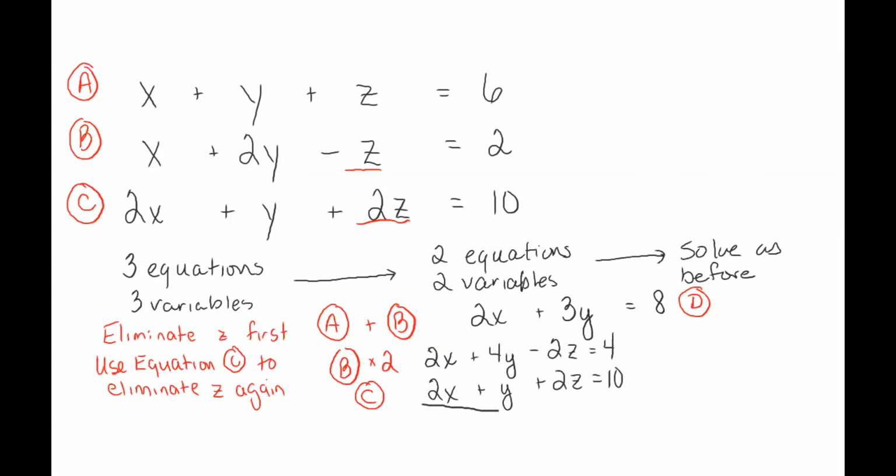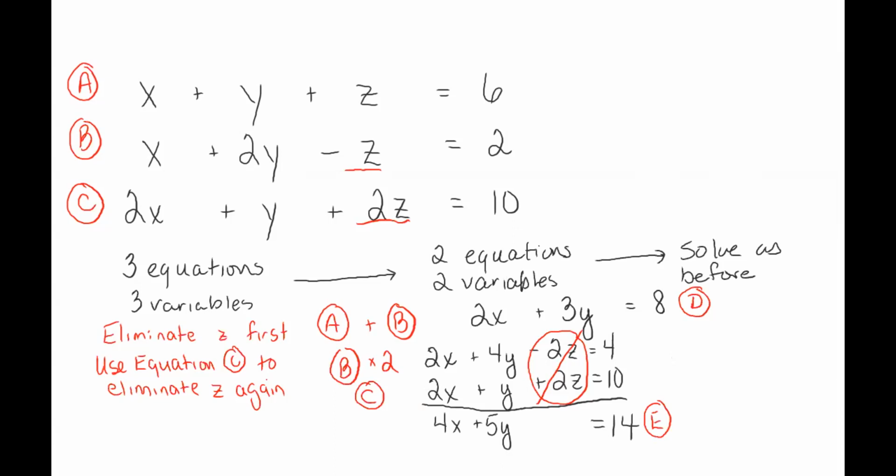And I'm going to add those guys together. Something equals 14. Notice the z's cancel. And I have 4x plus 5y equals 14. So I don't need to rewrite it, I don't think. We'll just label that one E.